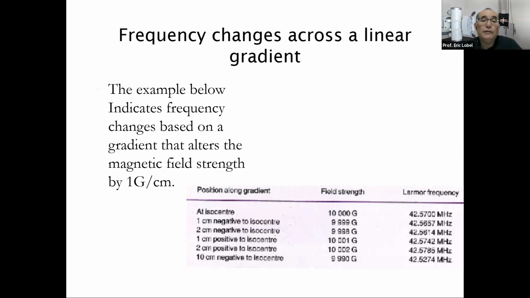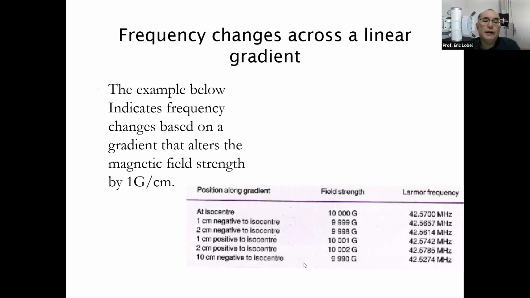And then the chart goes on to show you the same thing happens if you go positive. So if we go from the isocenter and positive 1 more centimeter, we go up by 1 Gauss. But notice this goes to 42.5742. We go up 2 Gauss, we're up to 42.5786.